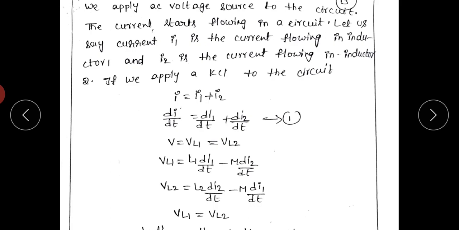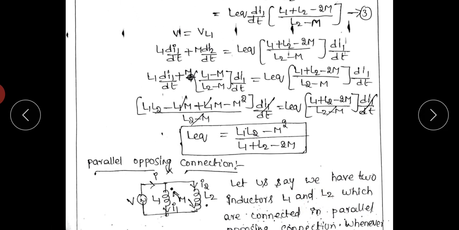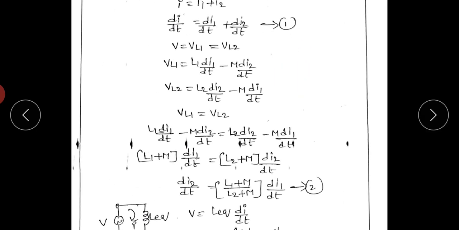By differentiating, dI by dt equals di1 by dt plus di2 by dt. Here two inductors are connected in parallel, so the voltage across inductor 1 equals the voltage across inductor 2, which equals the supply voltage. So V equals VL1 equals VL2.